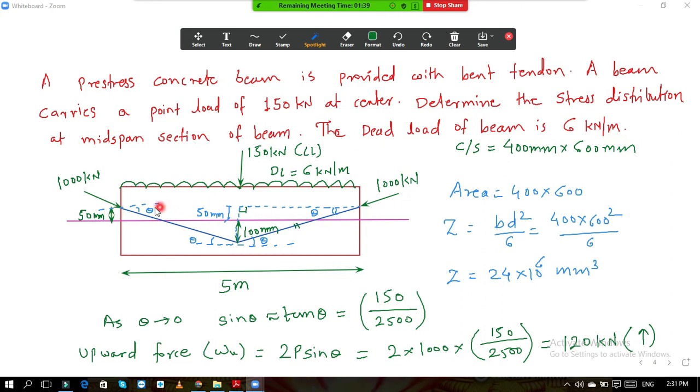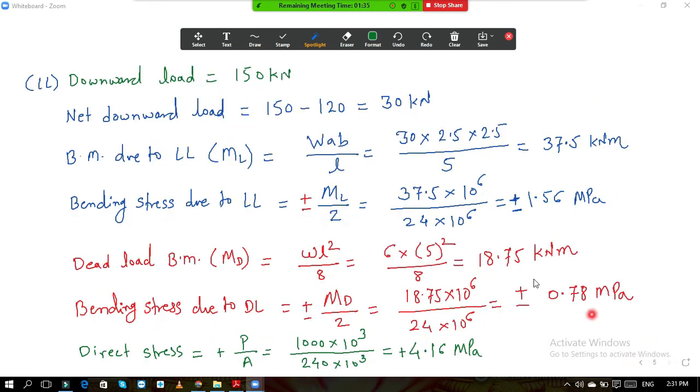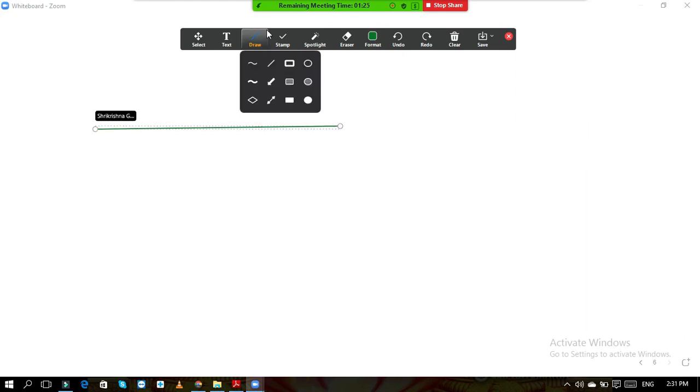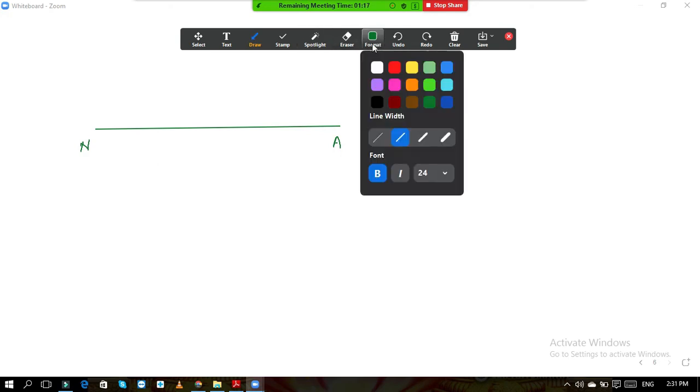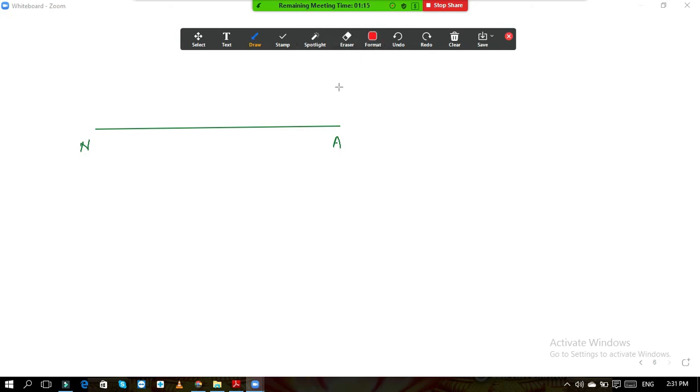This is also at this level. So if I show you in a separate diagram, see now, this is your neutral axis, and the forces are acting at this level.